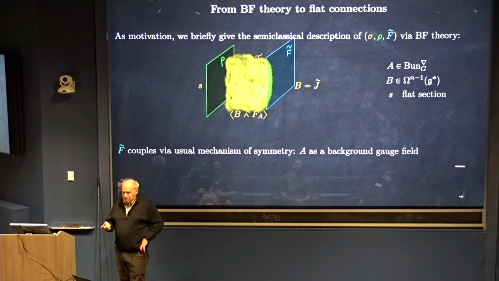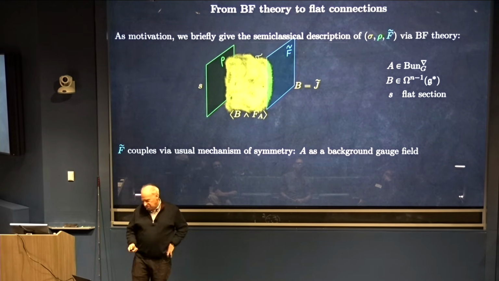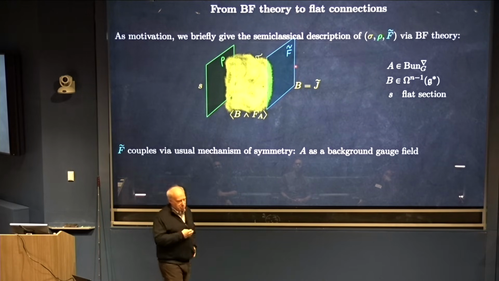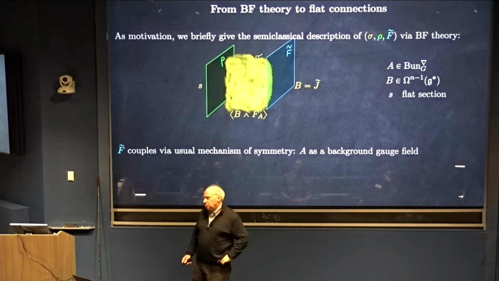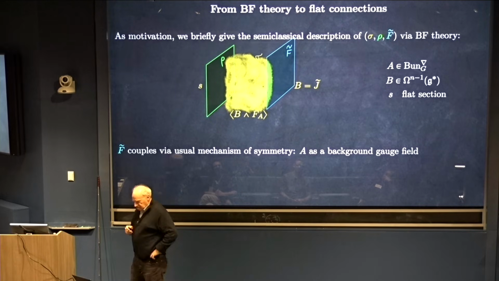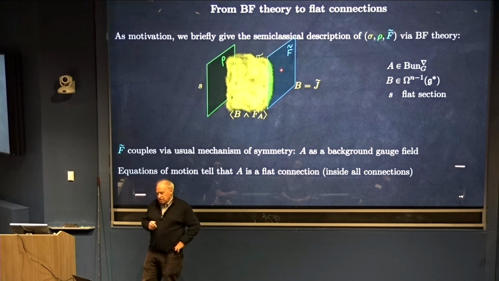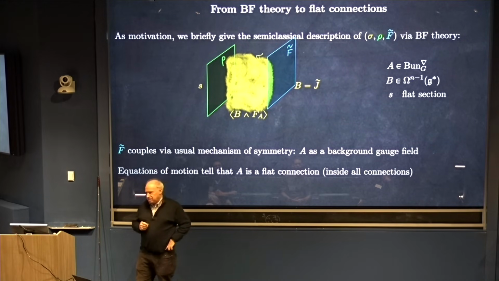And it couples there in the usual way. We have a quantum field theory, F, which isn't pictured here, which has a G symmetry, which means we can couple to a background gauge field, is the way quantum field theorists say that, and that's how this couples to A on this boundary.